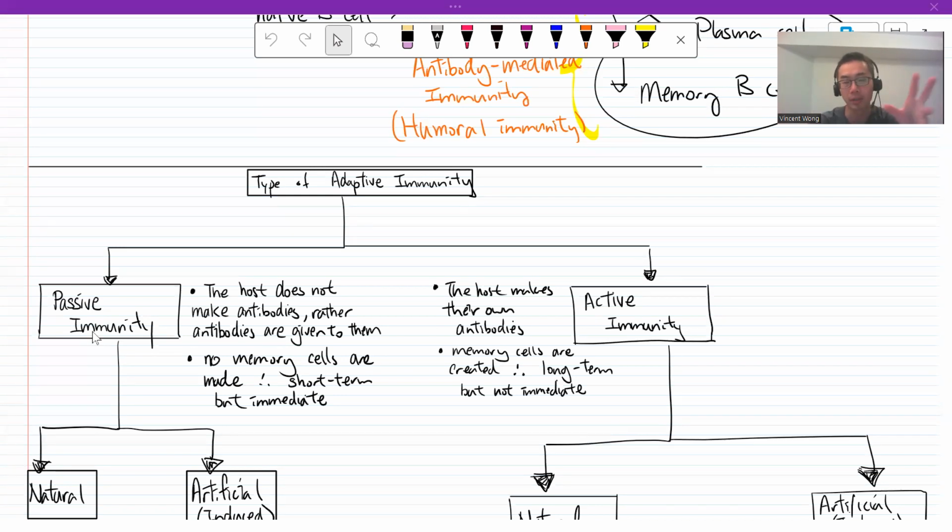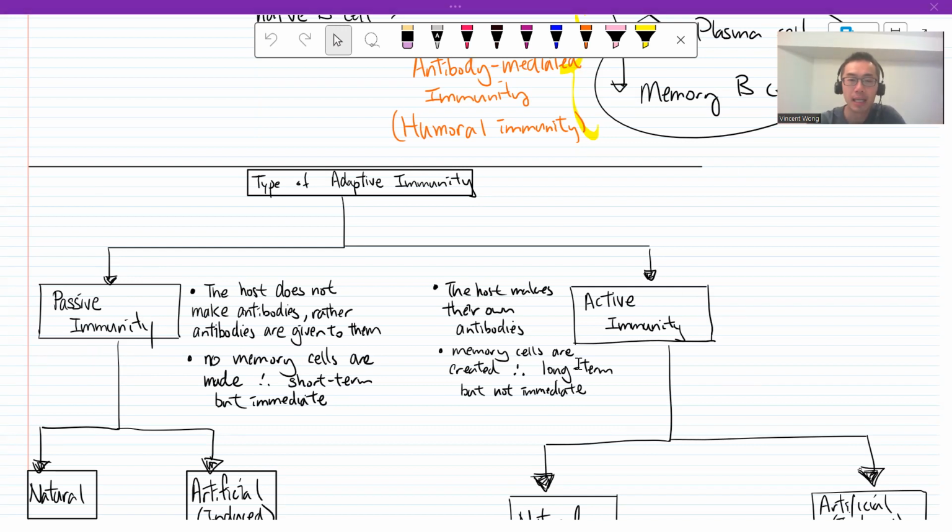Something else or someone else is going to be providing the antibodies for the host. As soon as the antibody goes into the host, they are going to have immediate protection. But because they did not make the antibody themselves, it is not going to be a long lasting effect. It's just going to be like a short-term protection.